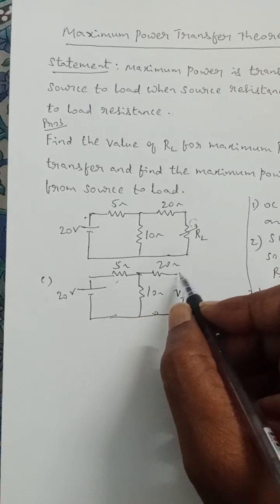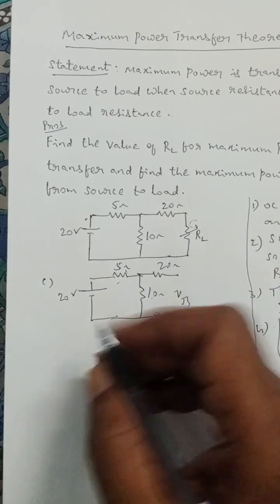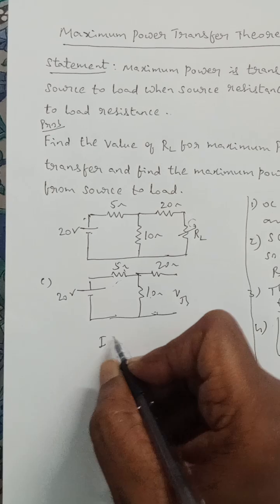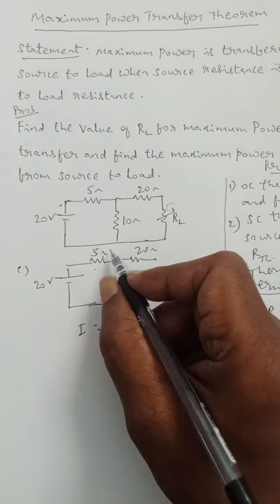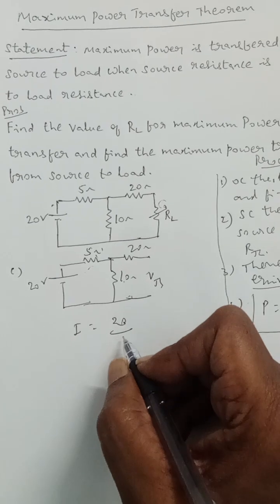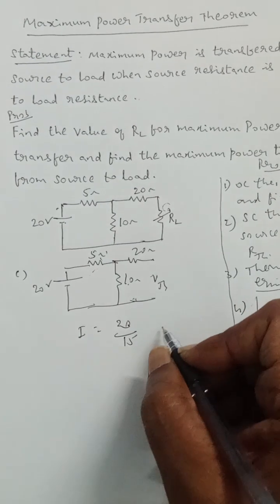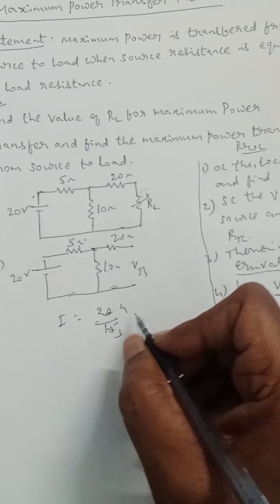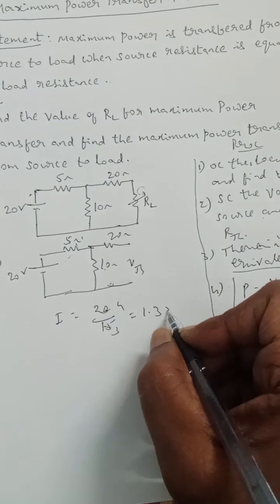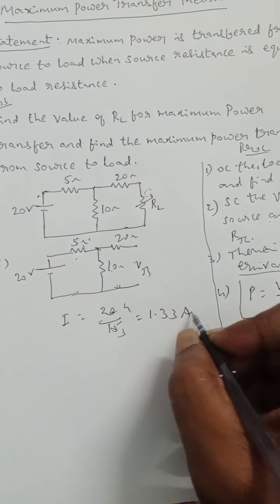So now since this is open circuited, these two are in series. So the current passing through the circuit is V by R, that is 20 by R1 plus R2, 15. So this equals 1.33 amperes.